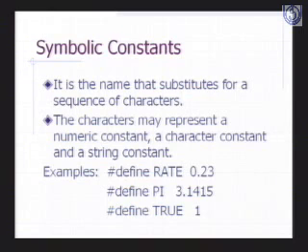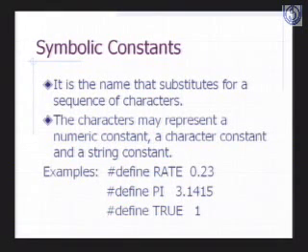In order to achieve this symbolic constant mechanism, we have to have a preprocessor directive declared in the form of hash define. Define is the keyword that we have to use, and any name we can put as the string of characters. Here I have put RATE with the value 0.23.